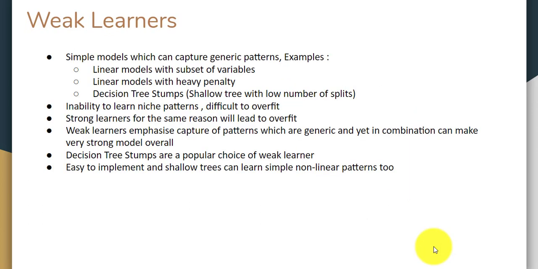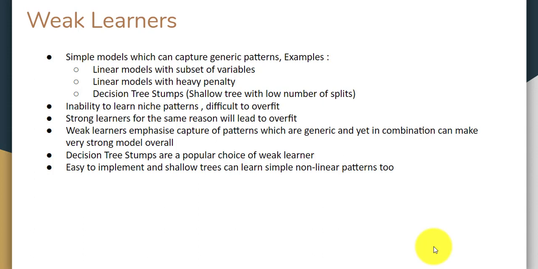The idea behind a boosting machine is that we use weak learners. The reason is that weak learners are simple models, so they can learn the generic patterns, but they cannot learn a niche pattern available in the data.